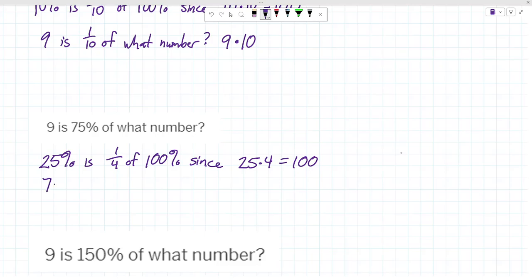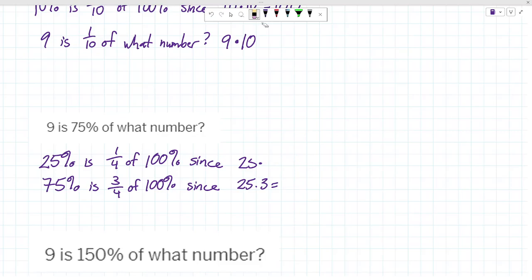So 75% is 3/4 of 100%, since 25 times 3 equals 75. So something we're going to do here is say 9 is 3/4 of what number?